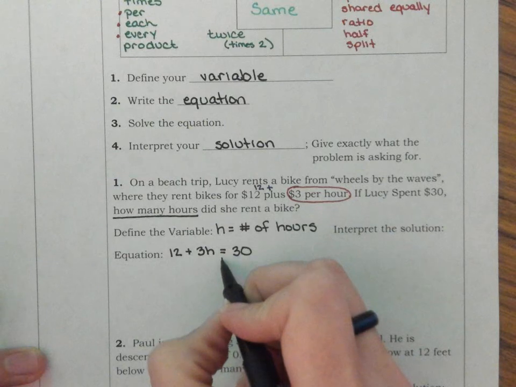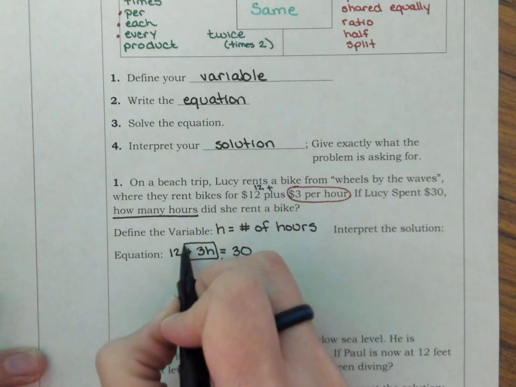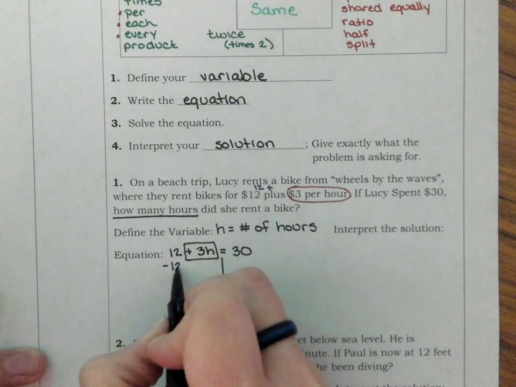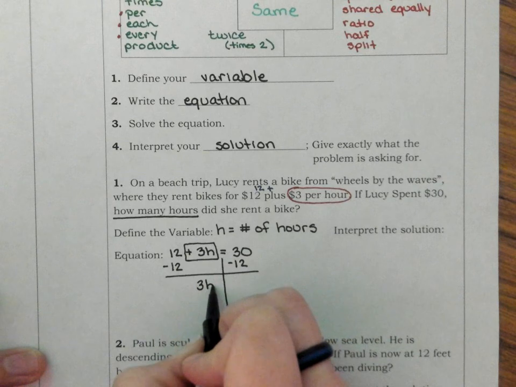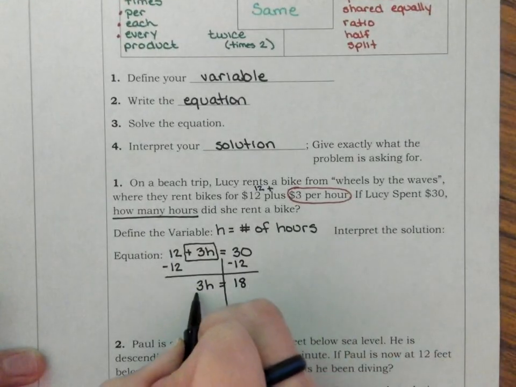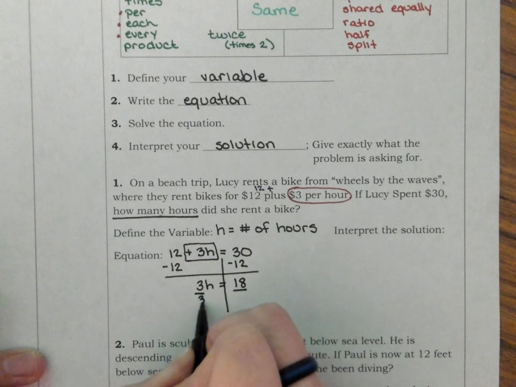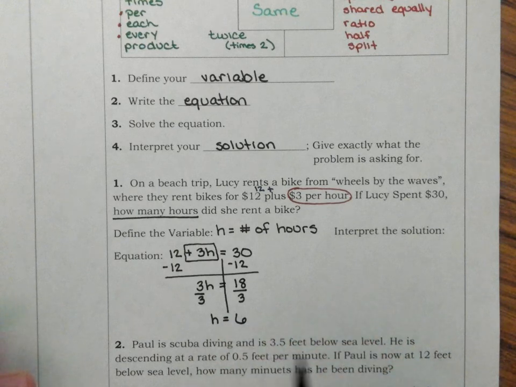And then we just solve it like we've been solving equations. We box in our variable. We subtract 12 to create a zero pair. Bring down 3H equals 18. And then we divide both sides by the coefficient, which is 3. So H equals 6.